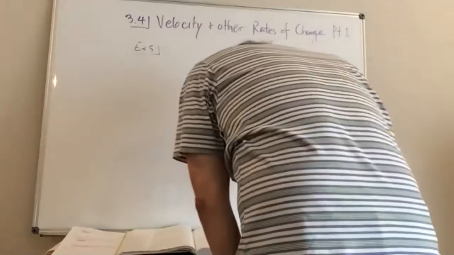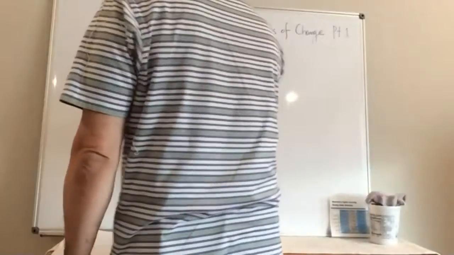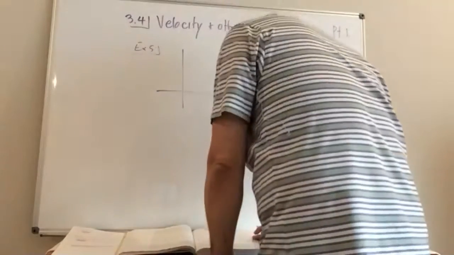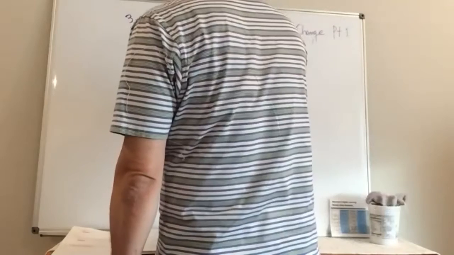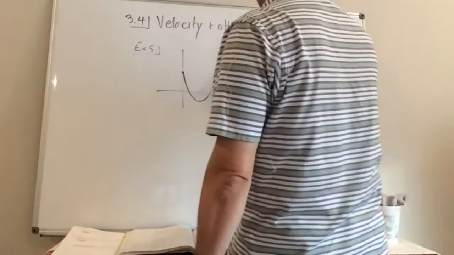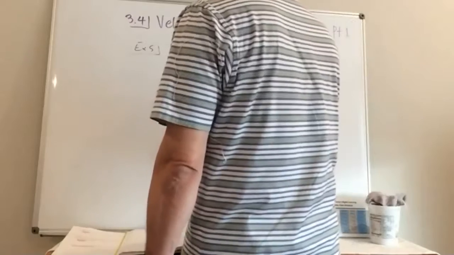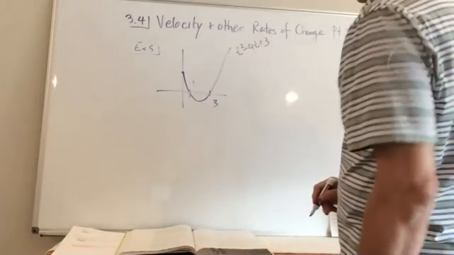E, describe the motion of the particle. At what values of t does the particle change directions? So, this is the hard question. So we have, it starts at 3. This is t squared minus 4t plus 3, and the zeros are at 1 and 3.